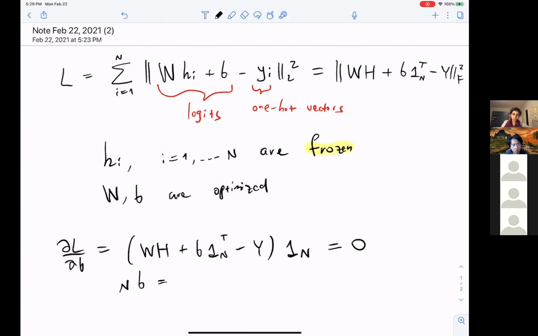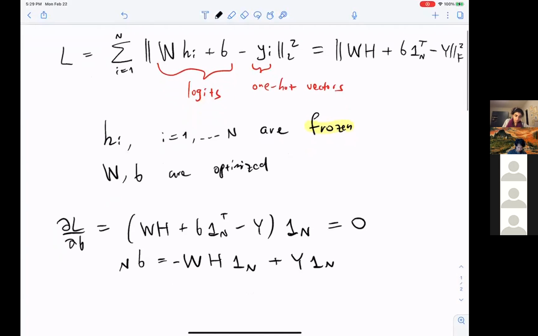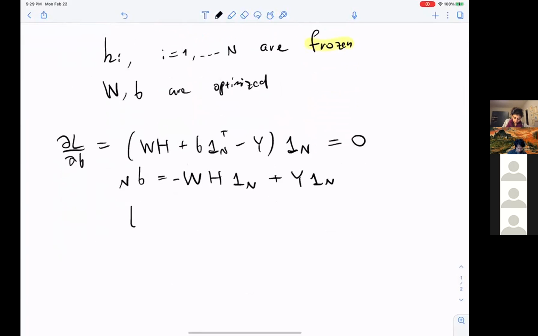And that is equal to minus WH multiplied by 1_n plus Y multiplied by 1_n, right? Now, notice that this gives us that the optimal bias is equal to minus W H 1_n over n plus Y 1_n over n, right?